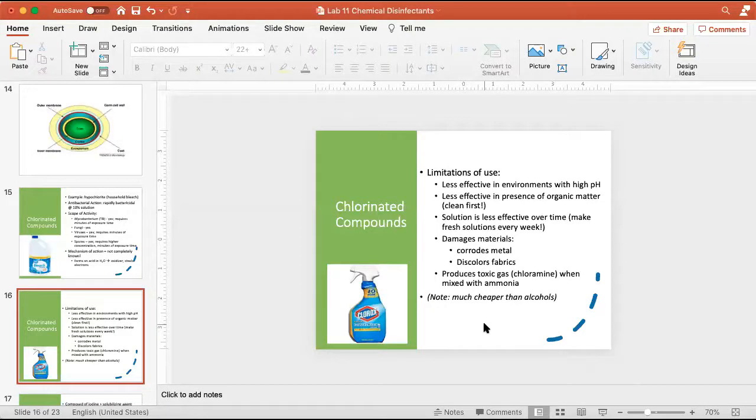One of the nice things about bleach, especially when you compare it to alcohol, is this. It's much cheaper than alcohol. So if I was, again, buying gallons of bleach, I would be talking about dollars. A gallon of bleach is going to run you maybe $5 or $8.